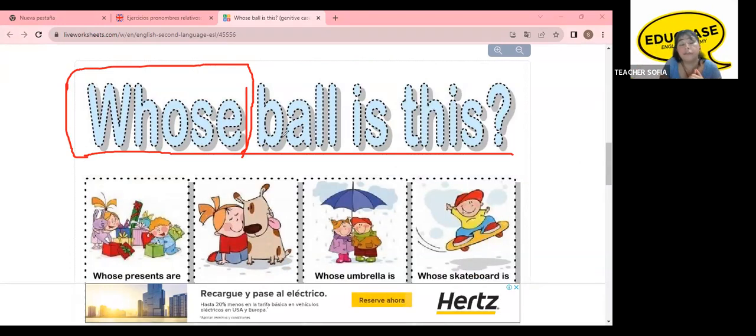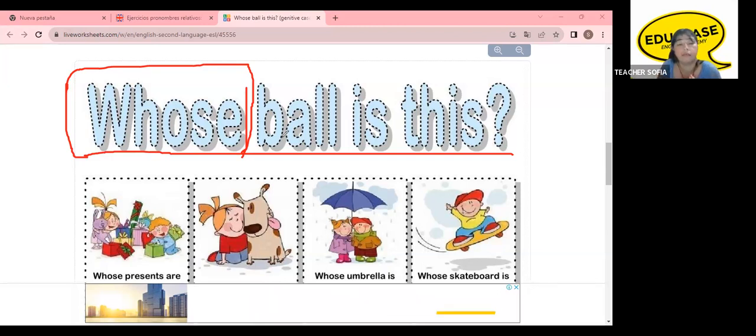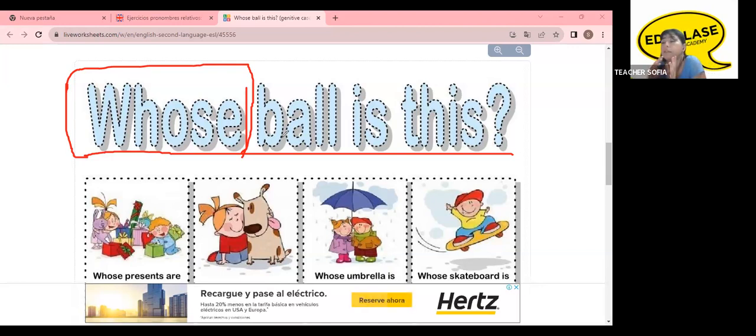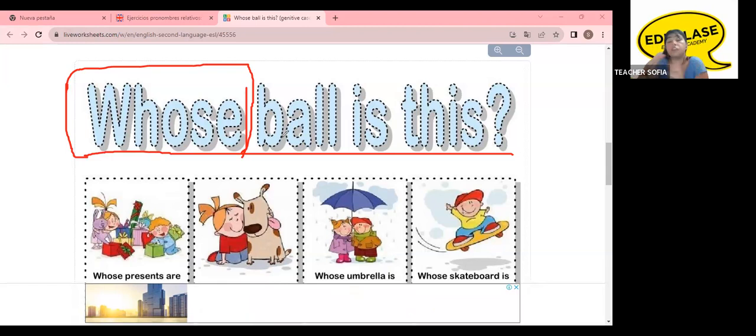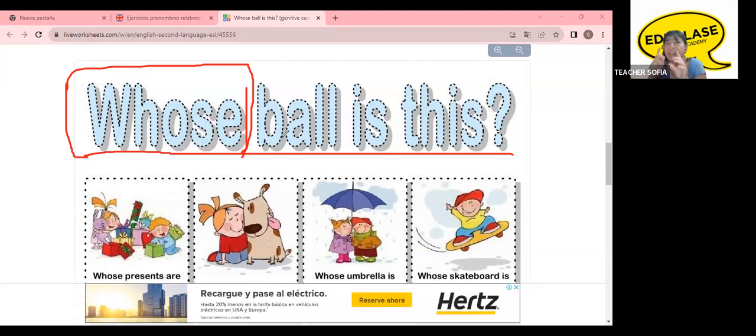The order is different. "¿De quién pelota es esta?" makes no sense in Spanish, and if you want to bring it from Spanish to English, we get confused and can't formulate it because it's different.